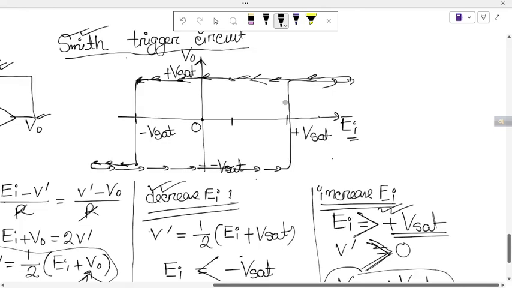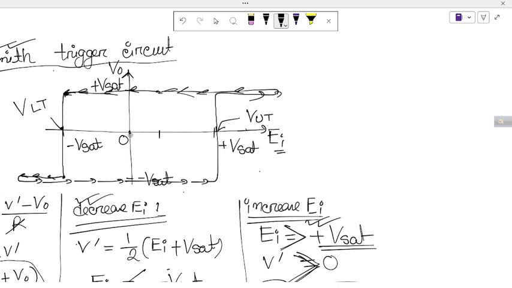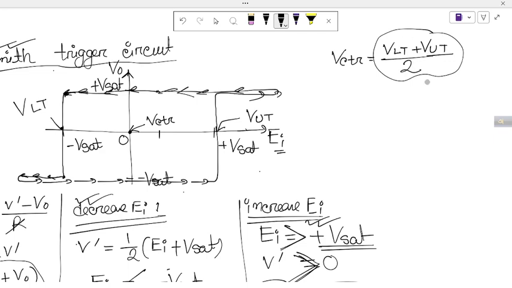It is the hysteresis curve for this Schmitt trigger circuit. This point is called the upper threshold voltage, and this point is called the lower threshold voltage. And this point is called the center voltage. We get the center voltage by summing the lower threshold and upper threshold voltages and then dividing by 2, that is, taking the average of these two voltages.